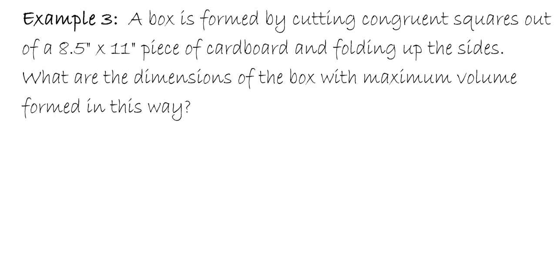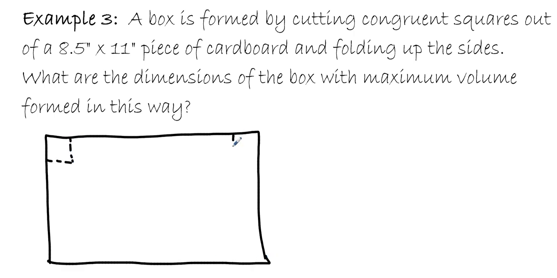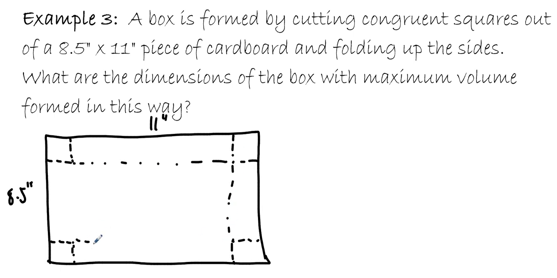This is a completely different kind of question. A box is formed by cutting congruent squares out of an 8.5 by 11 piece of cardboard and folding up the sides. So you can imagine that this is 8.5 inches and this is 11 inches, and you're going to fold up the sides, make yourself a box.